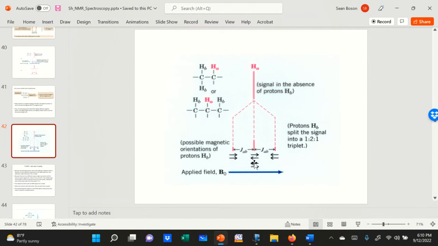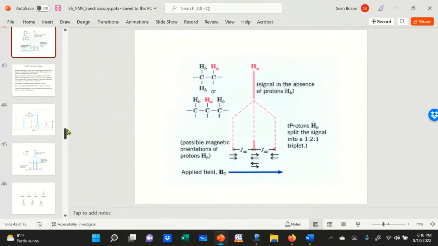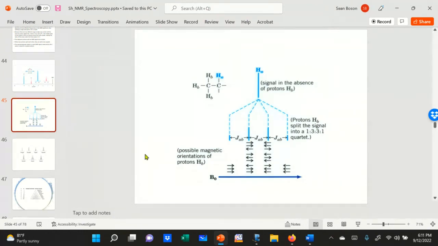Since canceling can occur in two possible ways, the signal intensity in this triplet will be 1 to 2 to 1. So 2 neighbors make it 3. Likewise, 3 neighbors will make it 4. 3 neighbors can orient all 3 aligned, all 3 against, or 2 aligned and 1 against, or 2 against and 1 aligned, resulting in 4 signals.